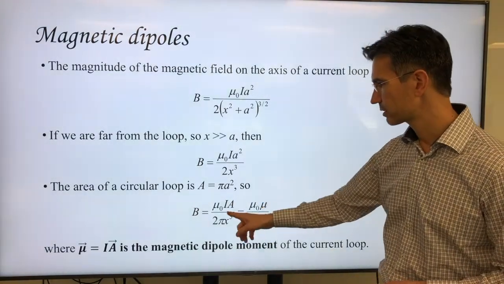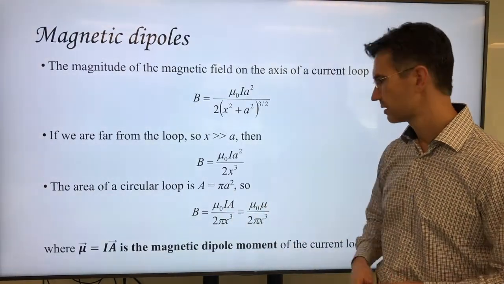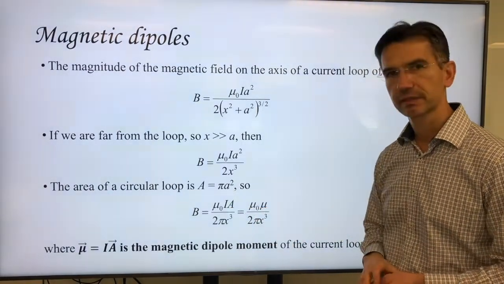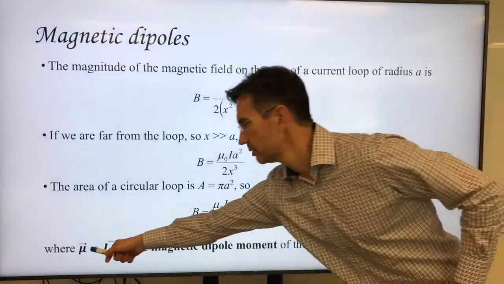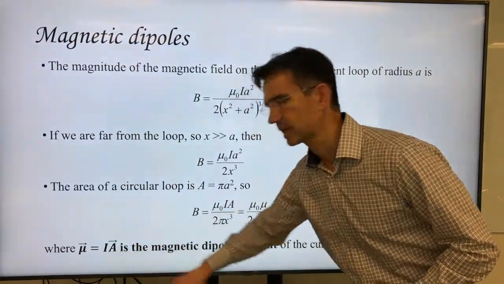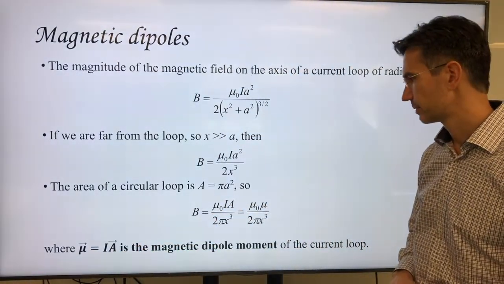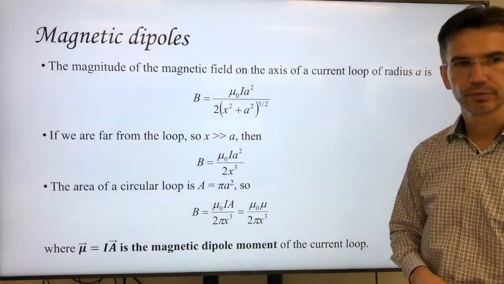Or if we call this quantity, the current times the area, mu, then this is our expression for the magnetic field strength of a magnetic dipole. And here mu, which is actually a vector, the magnetic dipole moment, is the product of the current times the area of the loop. And that's the magnetic dipole moment of the current loop.